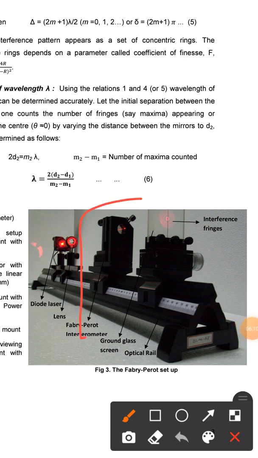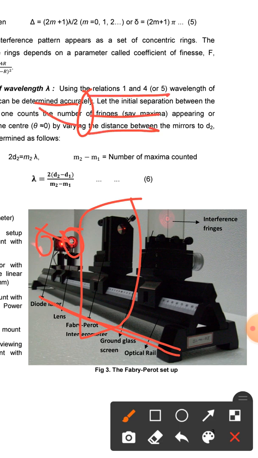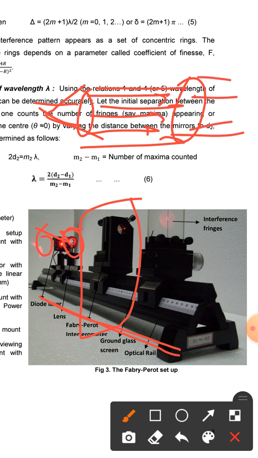Here the Fabry-Perot interferometer is fixed on an optical bench, with a light source which emits light. A lens makes the light a parallel beam, and after parallelization the rays come into the Fabry-Perot interferometer, where there is much reflection inside, and the transmitted light comes out.